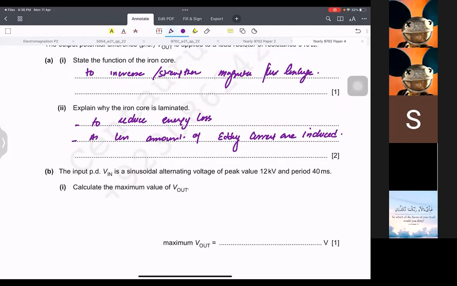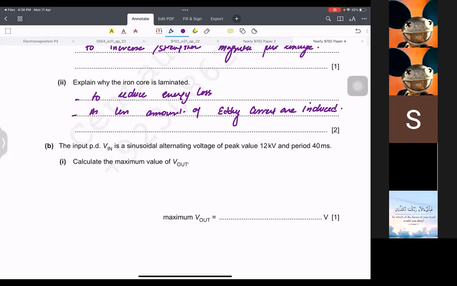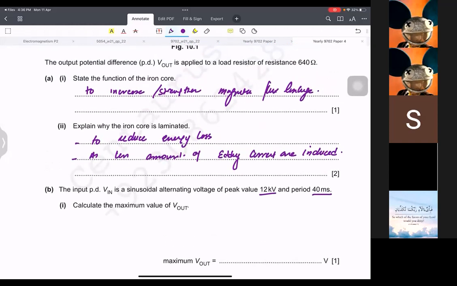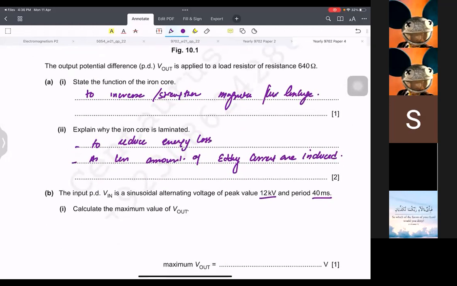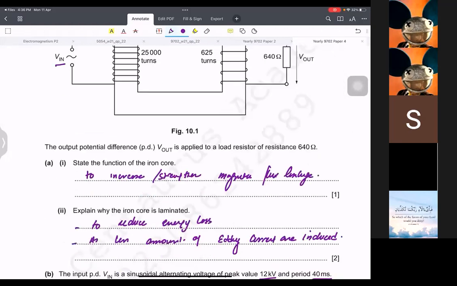Now it says the Vin is a sinusoidal alternating voltage of peak value, with this period. Calculate the maximum value of the output. So what do you do? You have the peak value already. Vin is 12 kilovolts, and the turns are 25 and 625.